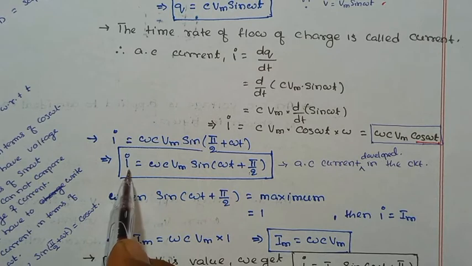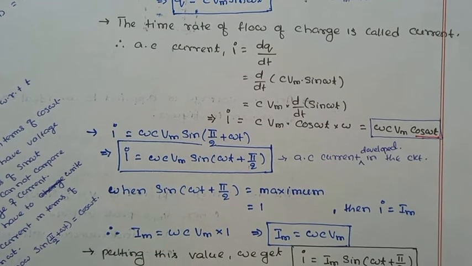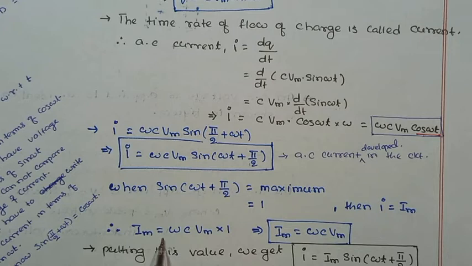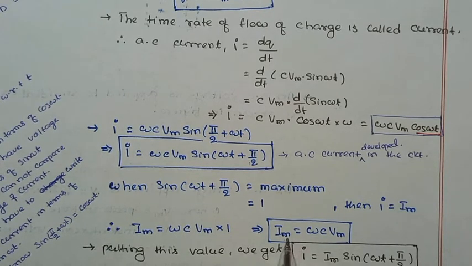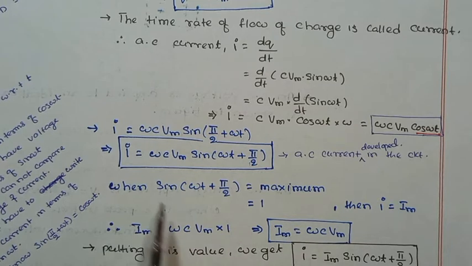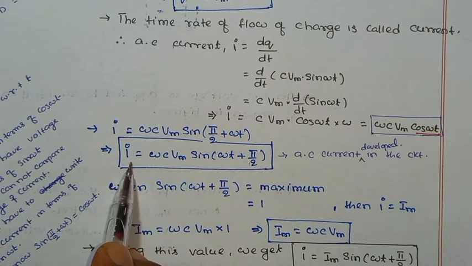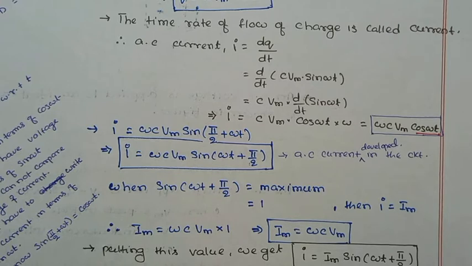That is, I is equal to I maximum. So, I maximum is equal to omega C Vm into 1. That is, Im is equal to omega C Vm. Putting this value of Im, that is putting Im in place of omega C Vm, we will get the equation I is equal to Im sin omega t plus pi by 2.